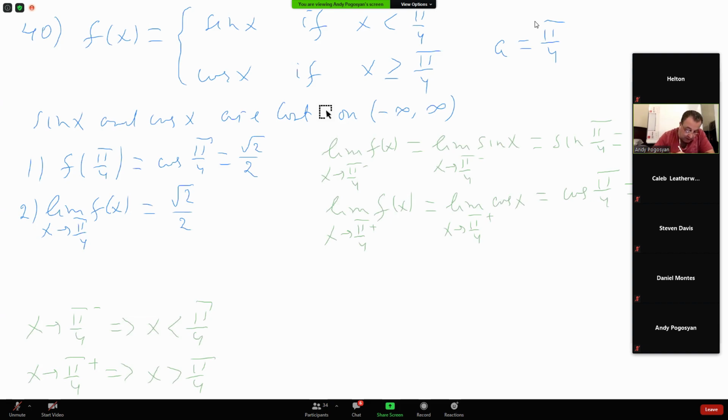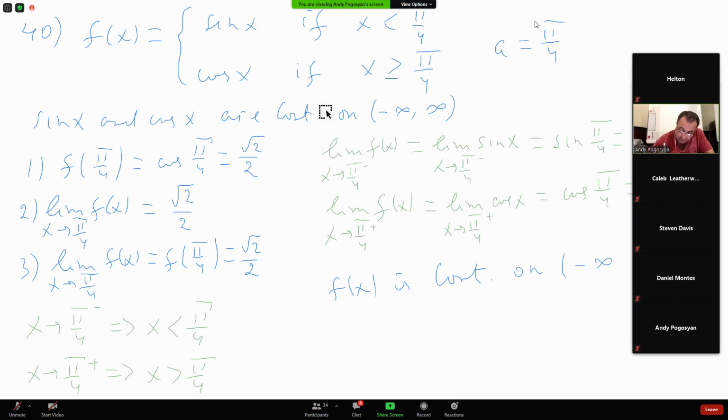And the third condition is also satisfied. The limit of f of x as x approaches pi over 4 is f at pi over 4, which is square root 2 over 2. So f of x is continuous on negative infinity to infinity.